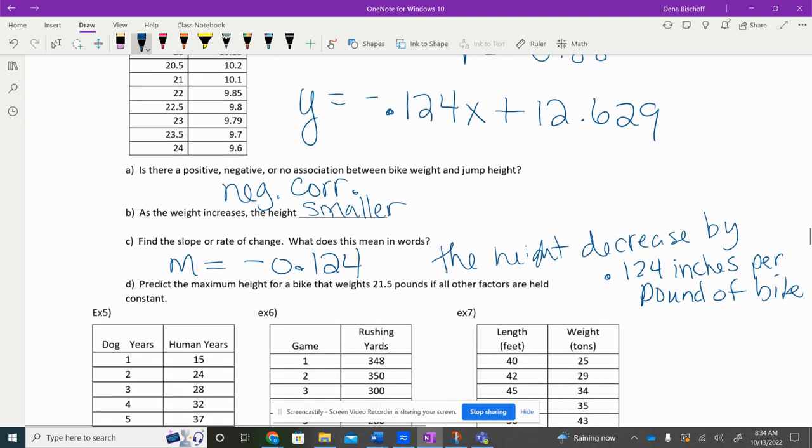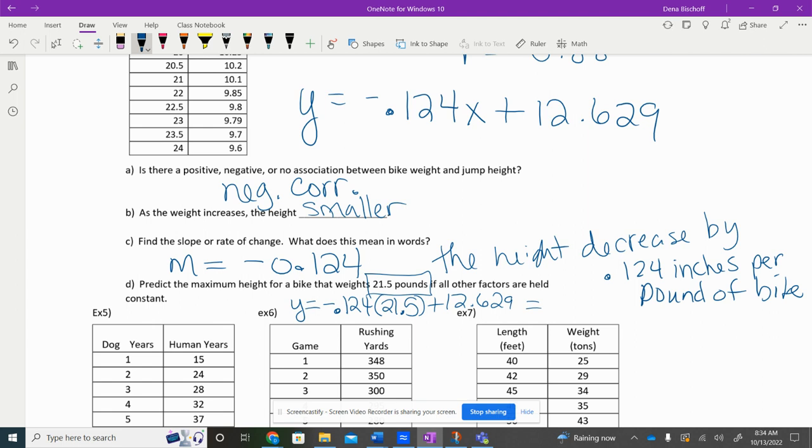So the last question says predict. I know that it's crammed in together with the next one. Predict the maximum height for a bike that weighs 21.5 pounds. So this is my X value. So Y equals negative 0.124 times 21.5 plus 12.629. I'm going to put that into my calculator to figure out my maximum height.